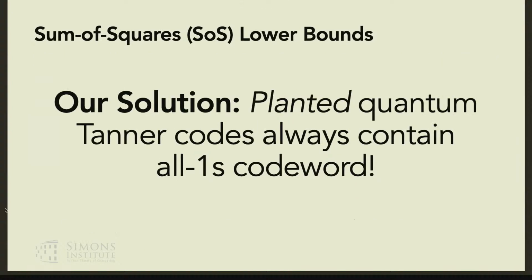So planted quantum Tanner codes immediately resolve this issue because they always contain the all ones logical operator, the all X's or all Z's. So we can just plug this into the Hopkins-Lin construction and make their weakly explicit SoS lower bound strongly explicit. That's one application, a direct application of these planted codes.